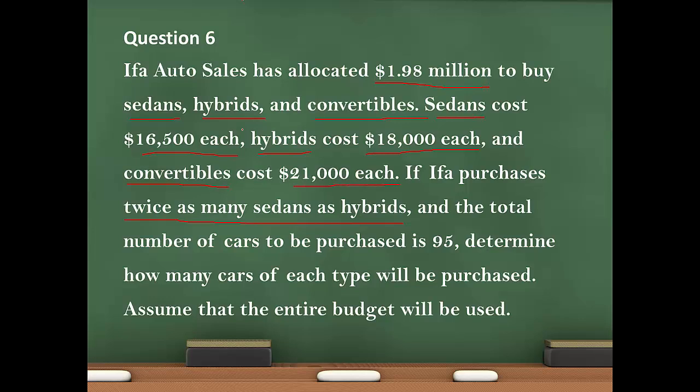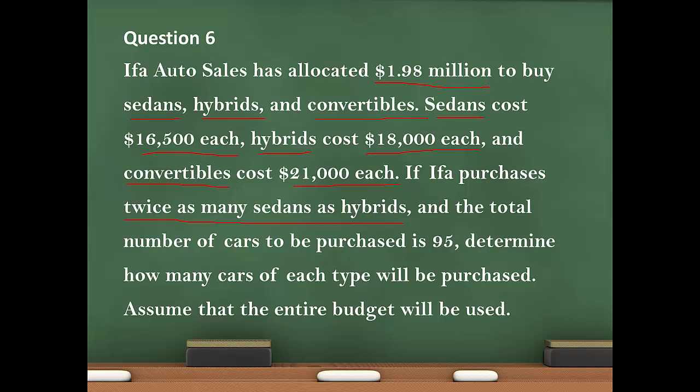There are 2 things in question here. He purchases twice as many sedans as hybrids. That's the number. But first of all, the cost of the sedans plus the cost of the hybrids plus the cost of the convertibles should give us $1.98 million, since he will use the entire budget.